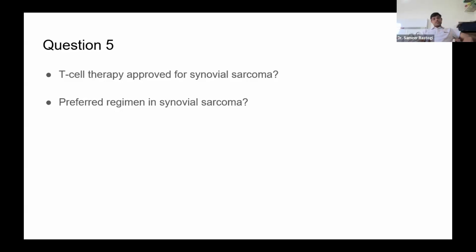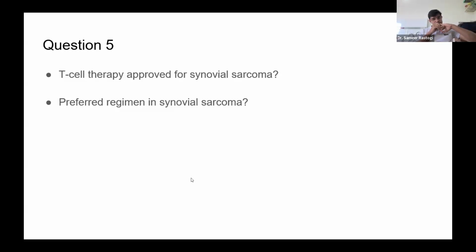This question was given to me, so I just passed it on. Is synovial sarcoma chemosensitive? Sir, it's not chemosensitive. Are you asking about first line or second line? Any line.